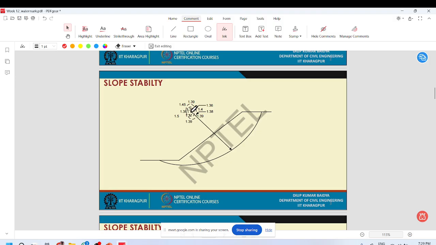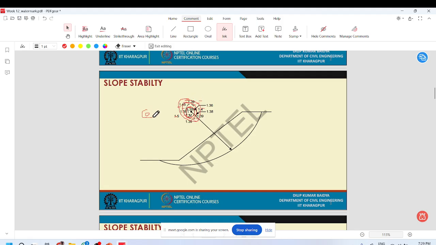So you take different points on a trial and error basis, and you calculate the factor of safety and write the value. As you write the value, you can actually see contours of same FOS forming.